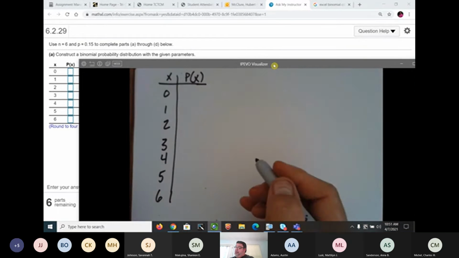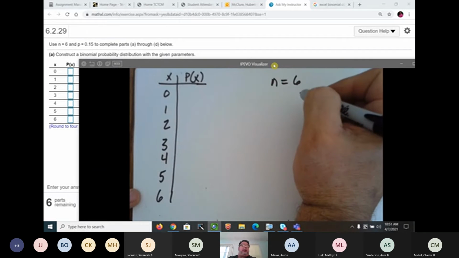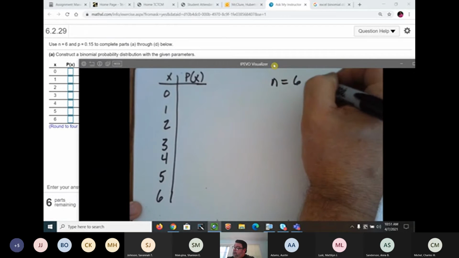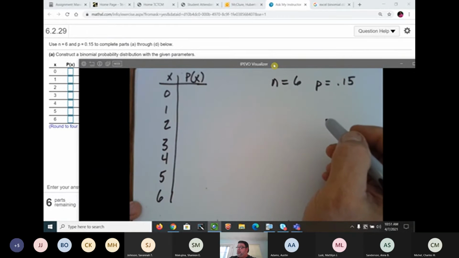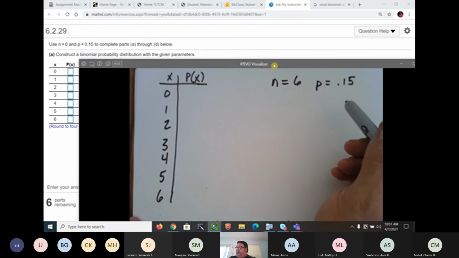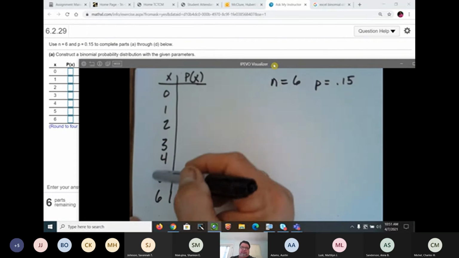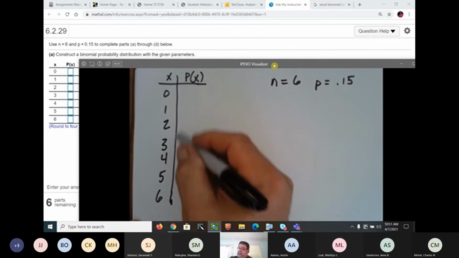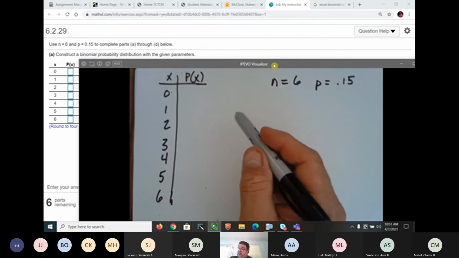We've already had a trial of 6. And the probability came up to be 0.15 of whatever. I better not use girls or boys because that's at least 0.5. So 0.15 might be a number of games in the World Series, up to 6. You could use that. Okay, 0 games, 1 game, 2 games, or hits.